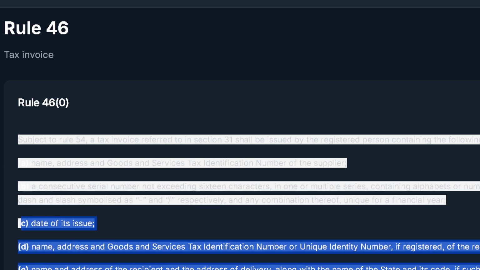Date of its issue. Name, address and goods and service tax identification number or unique identity number, if registered, of the recipient. Name and address of the recipient and address of delivery, along with the name of the state and its code, if such recipient is unregistered and the value of taxable supply is 50,000 rupees or more.